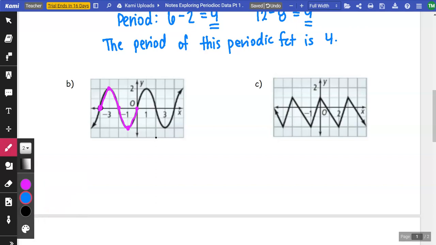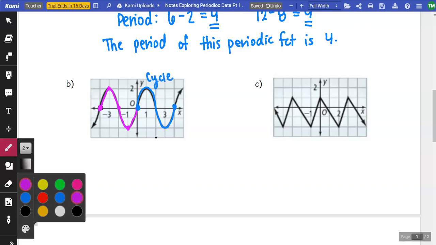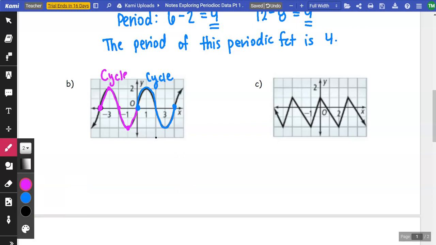So I have y is 0, goes up to 2, back down to 0, then down to -2, and back up to 0. And it looks like we repeated that exact same pattern with those y values. So this is a cycle, and then this was also a cycle. So because those cycles keep repeating themselves, I know that this is in fact a periodic function.